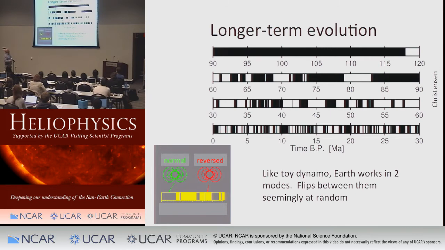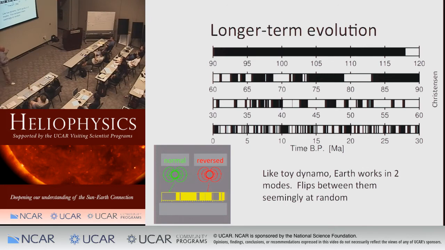Basically, we see bands of black and white going back millions of years, 5 million, 10 million, 15 million, 120 million years. I don't know too much more about this signal than this, but what's black is the magnetic field we now see, what we call a normal magnetic field. The dipolar component goes from south to north, like we saw on that big map. Remember, that's just the L equals 1 term in an expansion with an infinite number of terms.